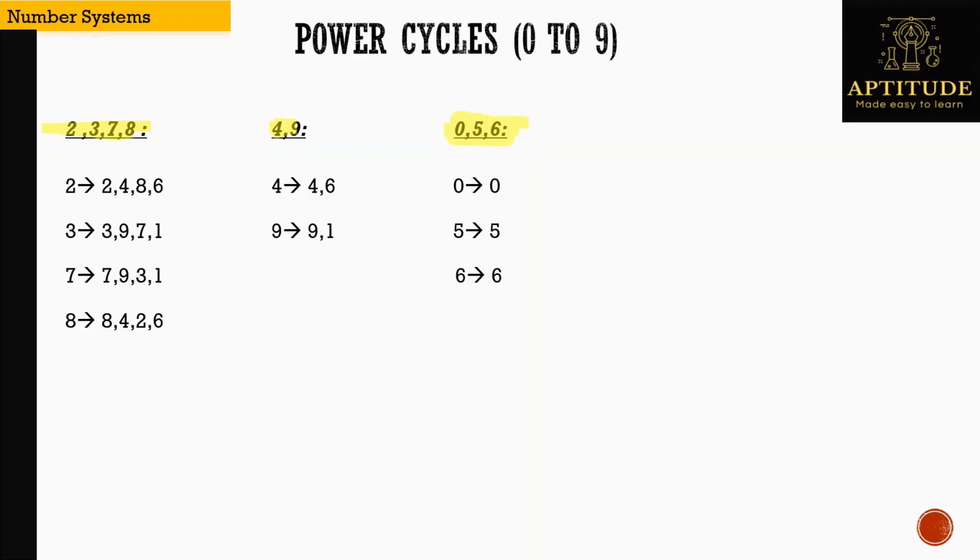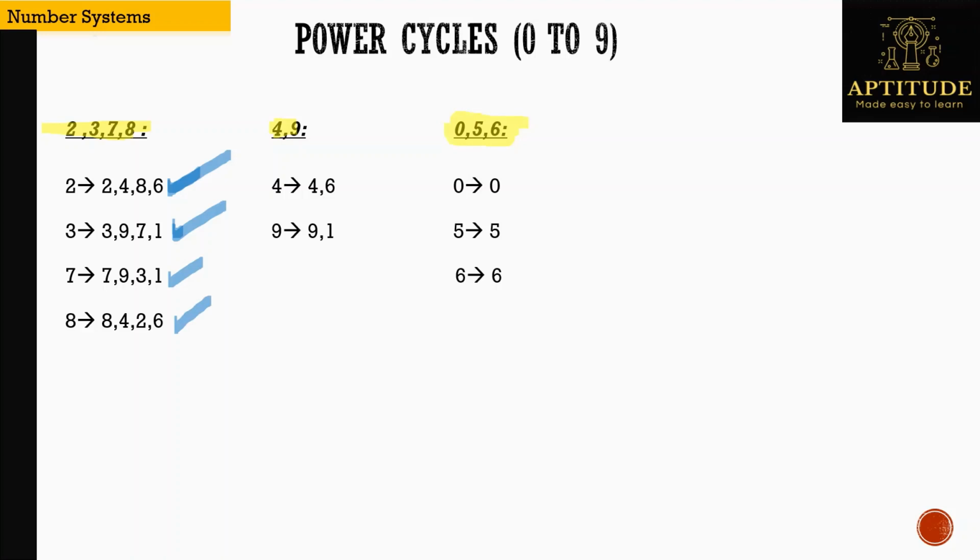Power cycle of 2 is 2, 4, 8, 6. Similarly, power cycle of 3 will be 3, 9, 7, 1. You can remember this power cycle or else frame it on the spot. Power cycle of 7 will be 7, 9, 3, 1. Power cycle of 8 will be 8, 4, 2, 6.